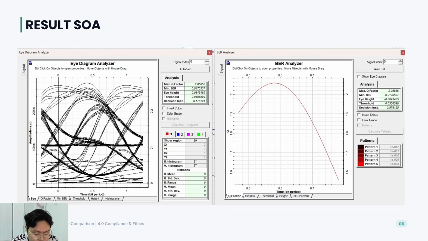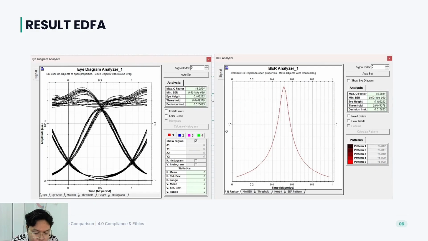The signal is not well separated between logic 1 and 0, making it difficult for the receiver to detect data accurately. In contrast, the second result, EDFA, shows a much more open eye diagram with clearer signal separation. The Q factor is significantly higher at around 60.26 and the BER is extremely low, indicating almost error-free transmission. This means the signal is much clearer with less noise and distortion.